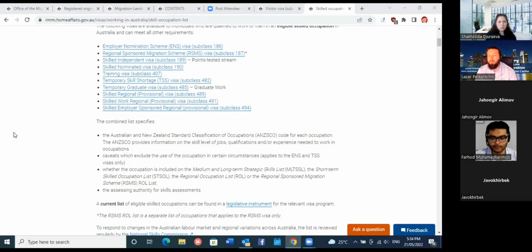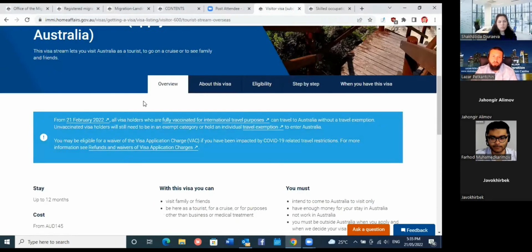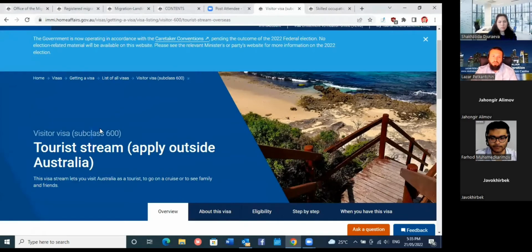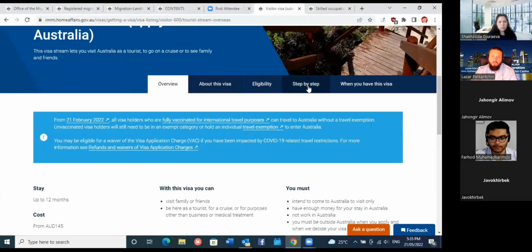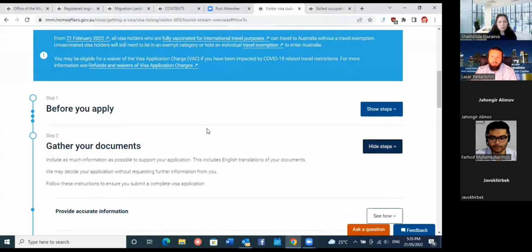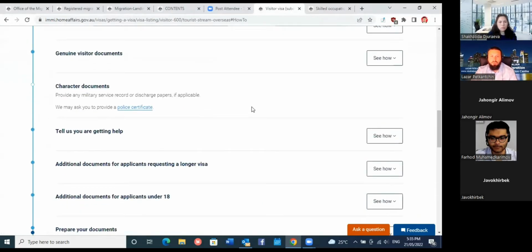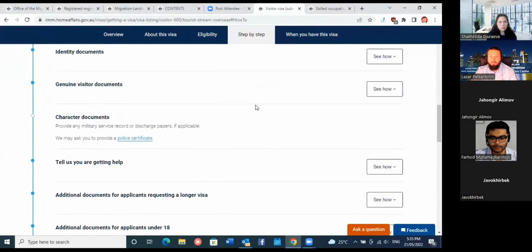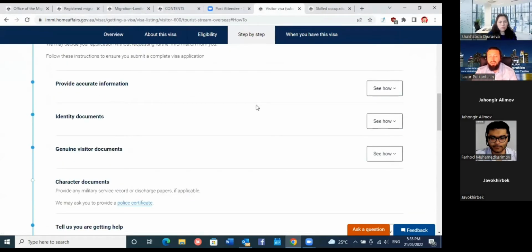The only difference will be the amount of documents that you might need to provide. So it is a little bit more difficult if you come from Uzbekistan. You do need to provide more documents. So for example, if we look at the tourist visas that I mentioned earlier, this is the visa here, 600. If you look at the documents that are required, these are just general documents that most people are asked to provide. This might not be enough documentation if you are applying from Uzbekistan with an Uzbek passport.